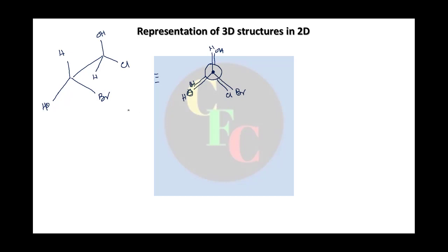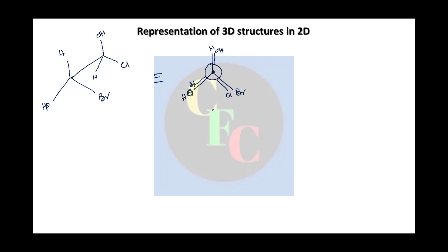Now, as we have started with this eclipsed form, our job is a little easier, because the rule of drawing Fischer projection is to convert the structure to its eclipsed form, then draw the same thing. Okay. Now it is already eclipsed.